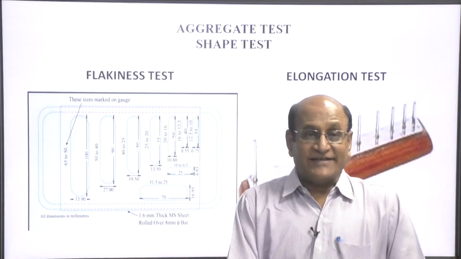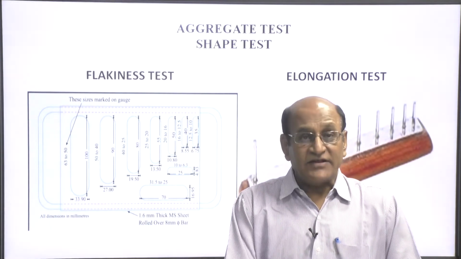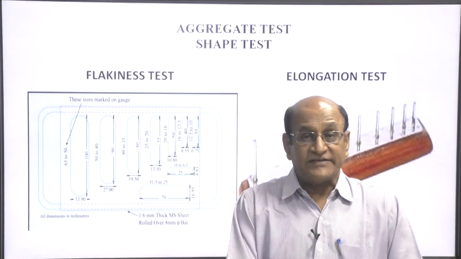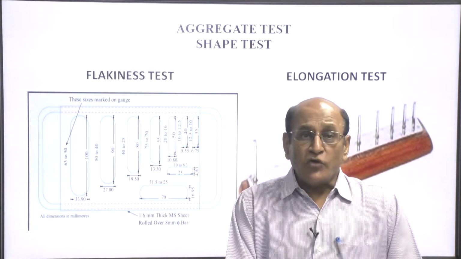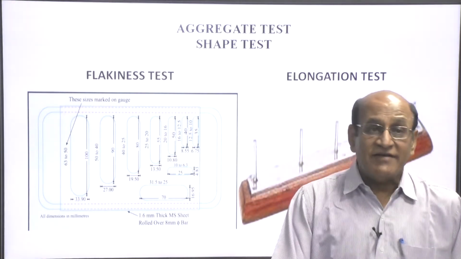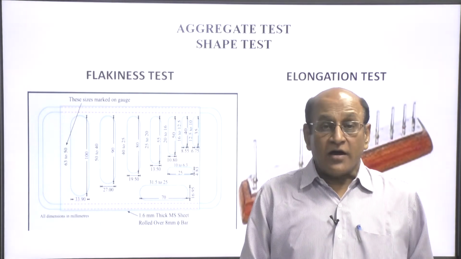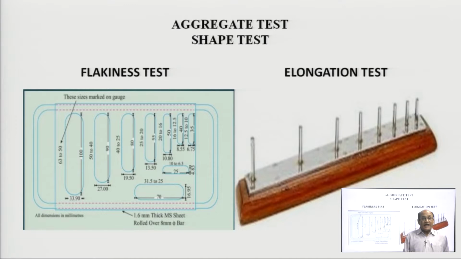This is the flakiness test, a shape test, in which two tests are carried out. One is the flakiness test and another is the elongation test. Both are harmful for highway construction. If a stone is flaky, then it cannot withstand the load coming from the vehicles.